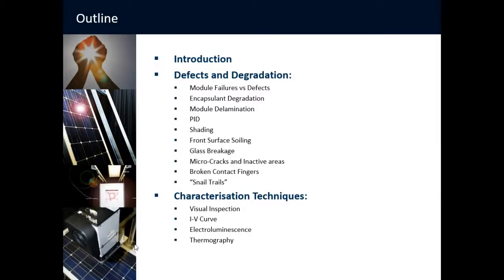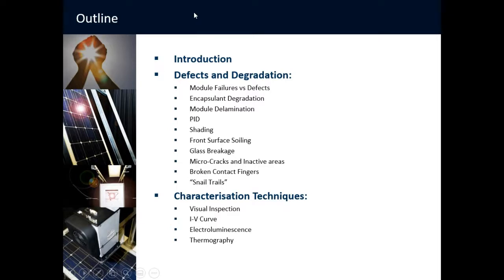And we are going to focus and look on different defects and degradation modes that exist for photovoltaic modules, and then also look at the characterization techniques that are commonly used. So this is the outline of what we are going to be discussing in this webinar.